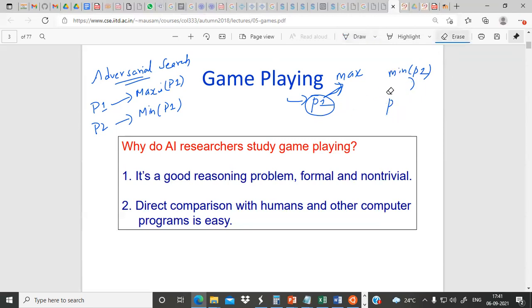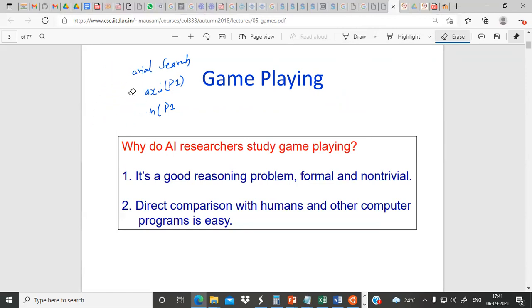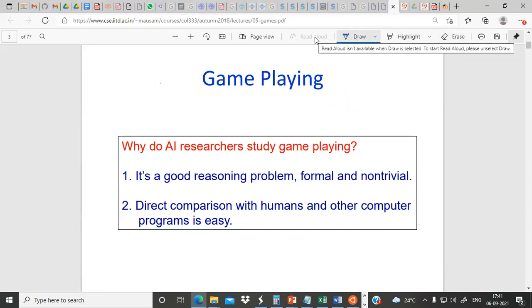The name adversarial is because there is some adversarial element who always tries to reduce our performance. In that environment, how should the algorithm work? We'll try to understand adversarial search with some game playing examples, like chess, or any other games.